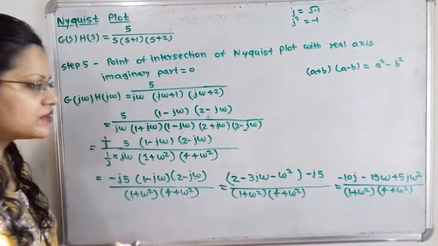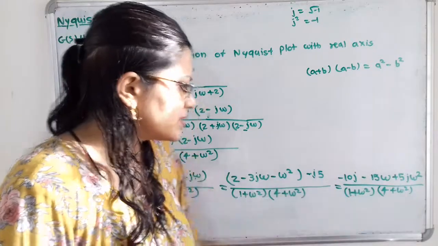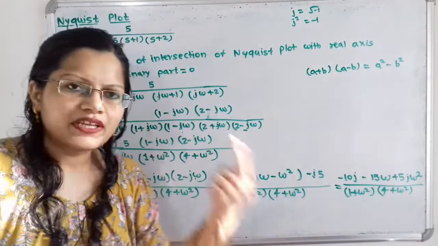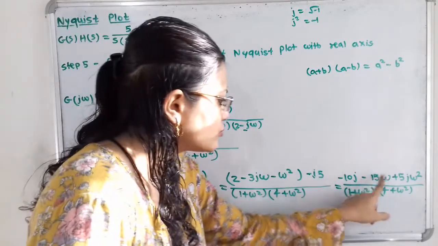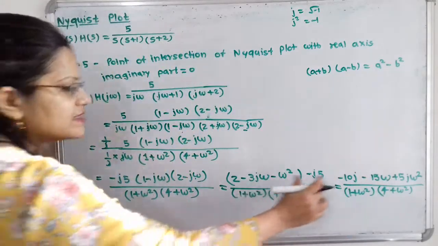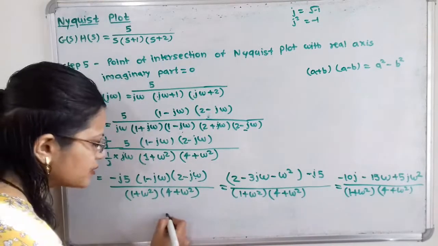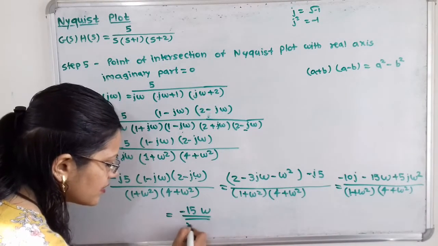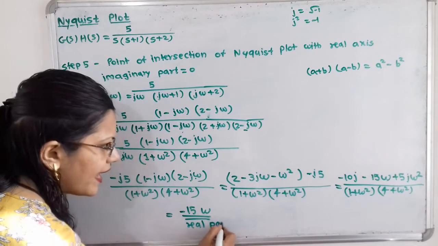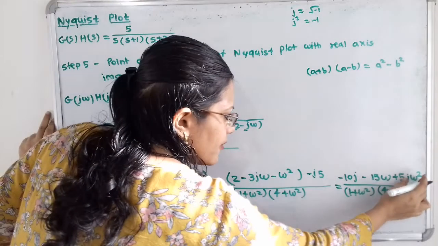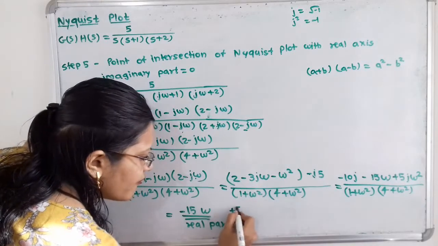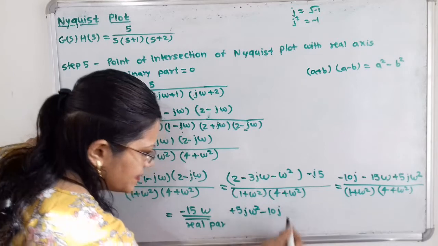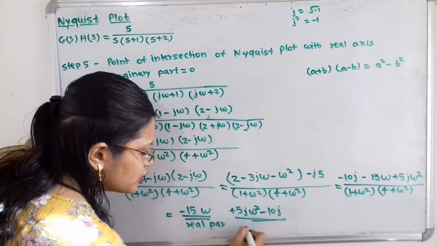Now if we observe, here is the imaginary part. This minus 15 omega is the real part because no j term is there. So I will separate here real part and imaginary part. Minus 15 omega, this is the real part, and plus 5j omega square minus 10j, this is the imaginary part.